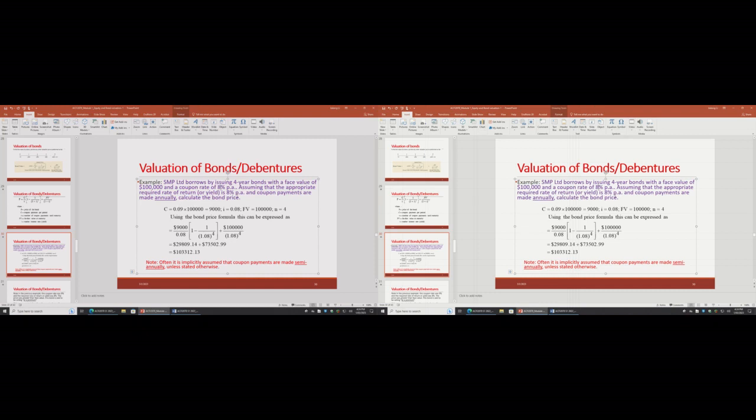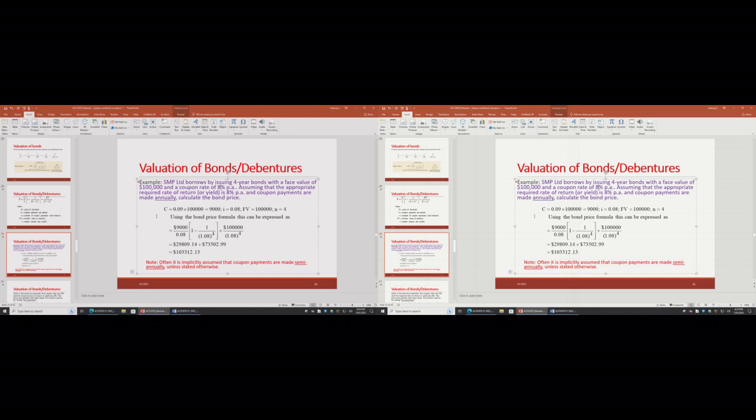Yeah, what's that? 100,000, right? That's the same as the face value. So that's actually related to some financial terminology for this bond selling.